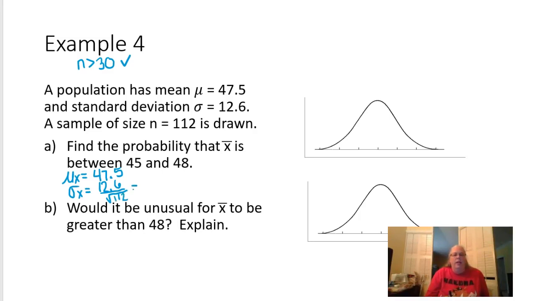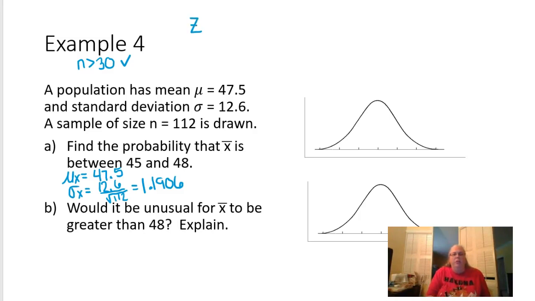All right, and let's put that in the calculator and round it to 4 decimal places. And that gives me 1.1906. Okay. We're trying to find the probability that x falls between 45 and 48. So what I'm going to have to do now is make 2 z-scores, one for 45 and one for 48.